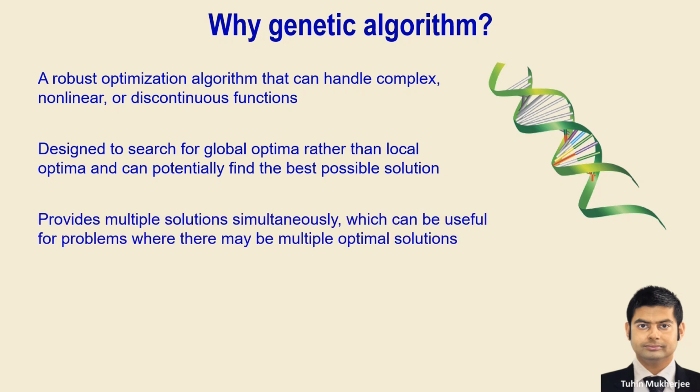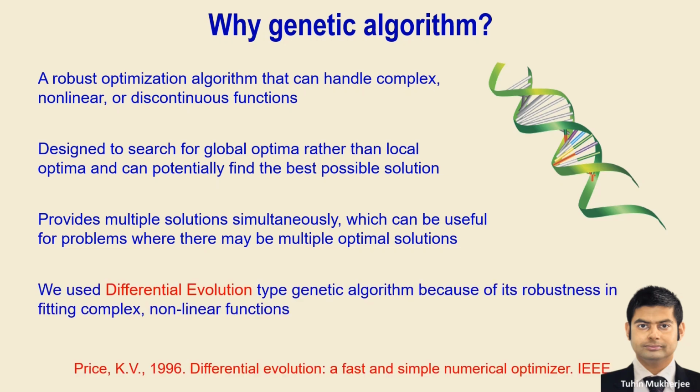And finally, a genetic algorithm provides multiple simultaneous solutions, which can be useful for problems where there might be many optimal solutions. Here, we used a differential evolution type genetic algorithm because it's robust, especially in fitting complex and nonlinear functions.